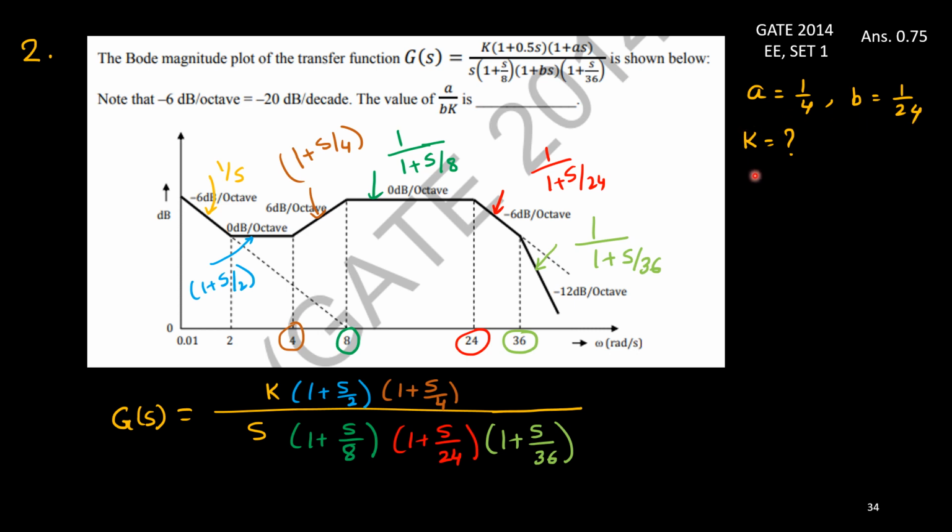But still we don't know the value of k. So how to find the k value? To find the k value, you need certain information. Here, which information? You see, nowhere on the y-axis is anything given except 0 dB, but 0 dB does not correspond to any corner point. It's not mentioned.